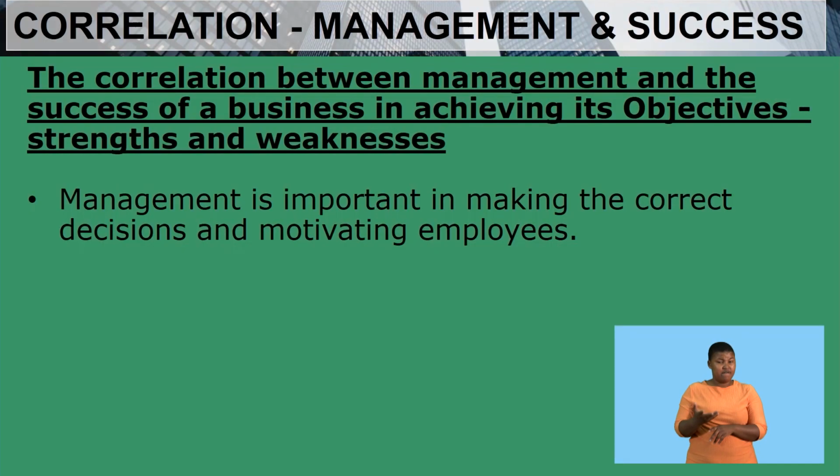And most managers have certain leadership skills, so they have the ability to motivate the employees and influence them. Any manager must make the correct decisions, if we refer to our slides. So their responsibility is to make correct decisions, but also to motivate the employees.